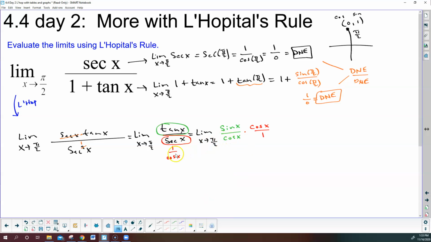All right? So then what happens? The cosines go away, right? Because we times by the reciprocal. And I'm left with a much friendlier limit, which we can actually do this very quickly. Sine of pi over 2 is 1.